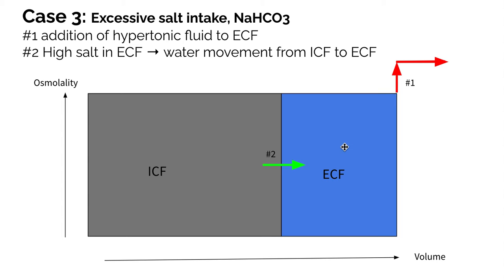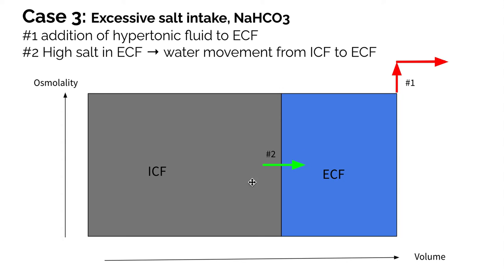What has happened in our ECF that our osmolality has gone up? So it's higher salt on this side of the graph. Water always moves towards higher salt, right? So water from the ICF will want to move towards the ECF where there's higher salt now.